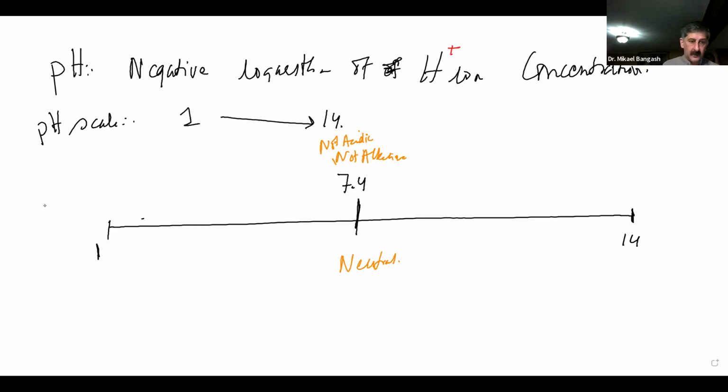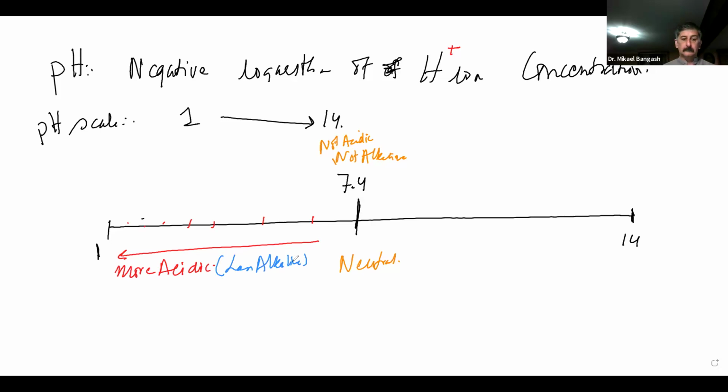Now, guys, on a scale, as we go from 7 or 7.4 towards 1, if we go in this direction here, that's going to make a substance more acidic. And since it is going to be more acidic, that will mainly also mean that it's going to be less alkaline or basic.